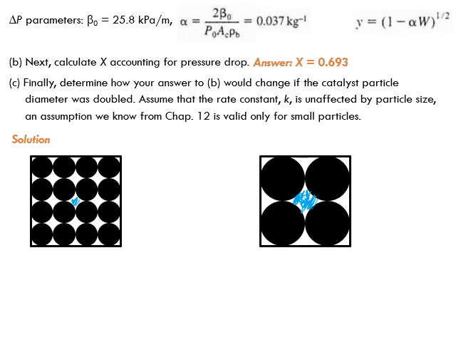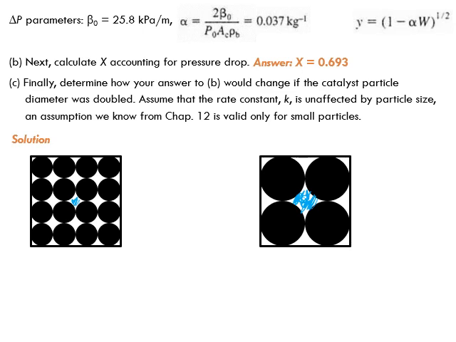What happens when the void between the particles increases? When the void between the particles increases, the resistance to flow decreases, correct? Imagine you are blowing in a small pipe and then blowing in a bigger pipe with a bigger diameter. Which one is easier? Obviously, blowing in a straw which has a larger diameter is easier than blowing in a straw which has a small diameter, correct?